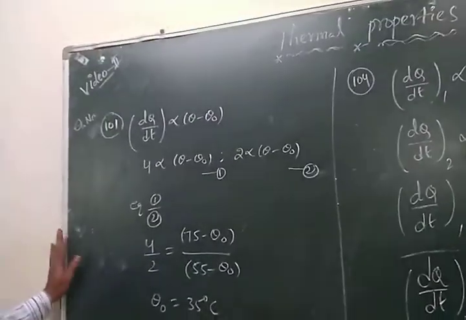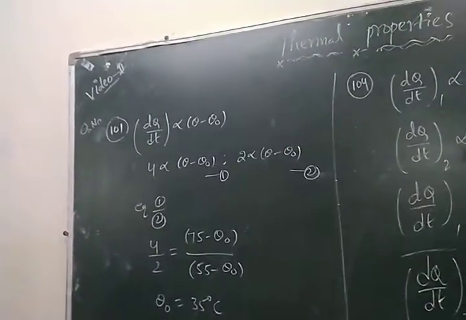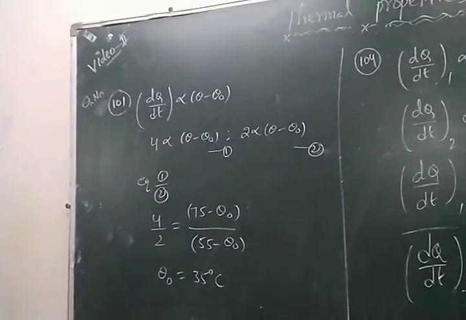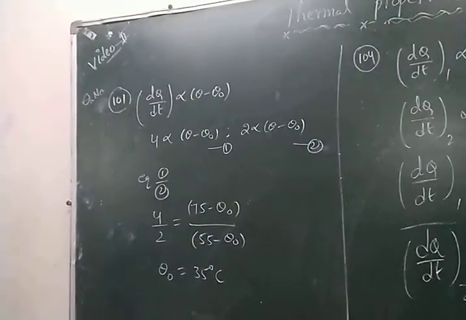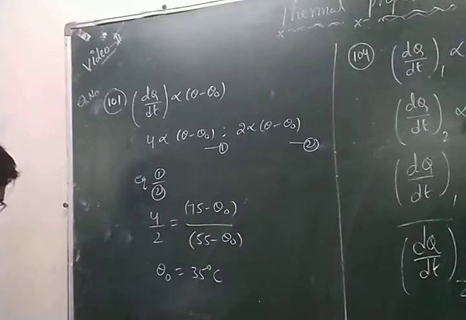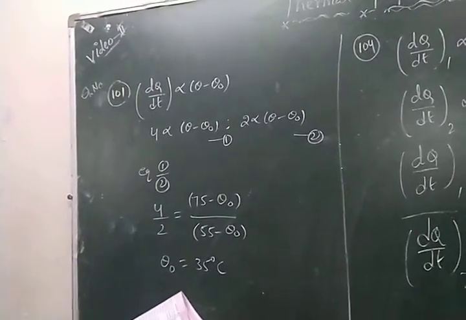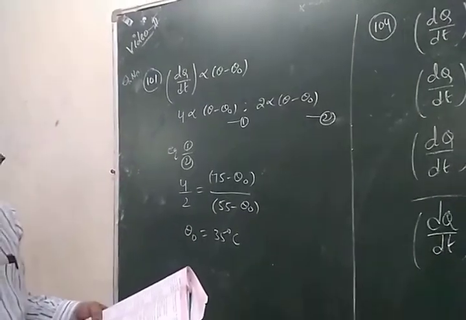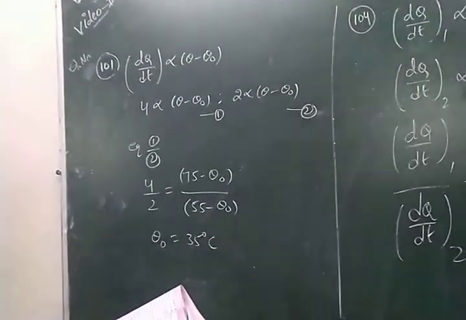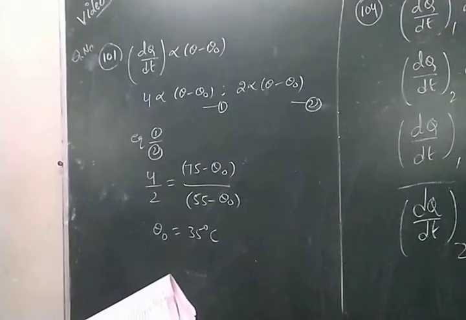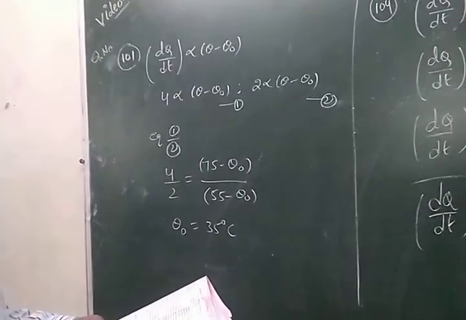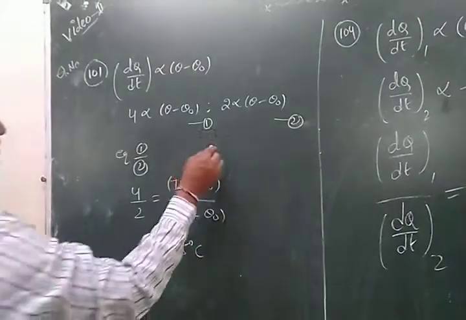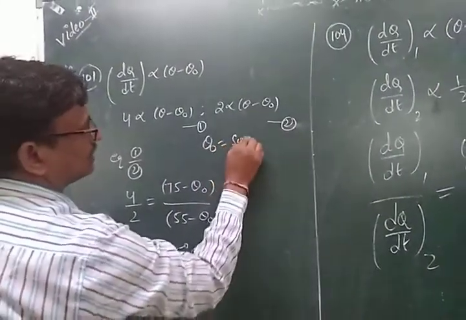Now question 101. A hot body is placed in cooler surroundings. When the body temperature is 75 degrees, the rate of cooling is 4 degrees centigrade per minute. When the temperature is 55 degrees, the rate of cooling is 2 degrees centigrade per minute. Find the surrounding temperature, theta naught.